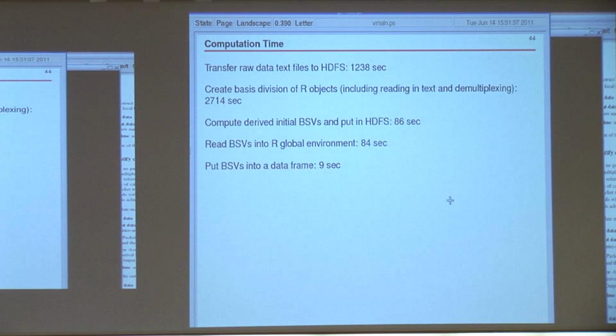Okay, but now here, just to give you an idea what this is like in terms of time, here are some times for some of these computations associated with the basis division. So computation time, basis division, that should be the title. Okay, so what did it take?